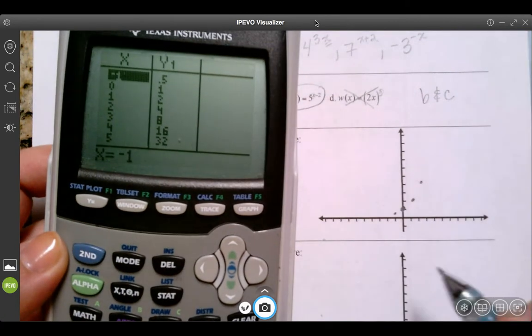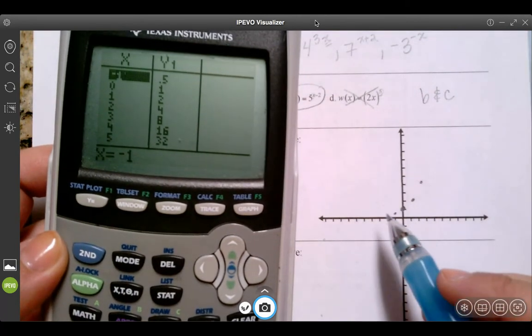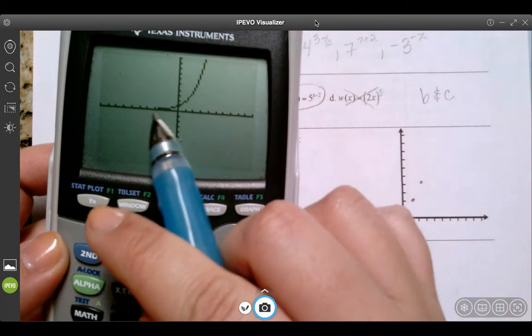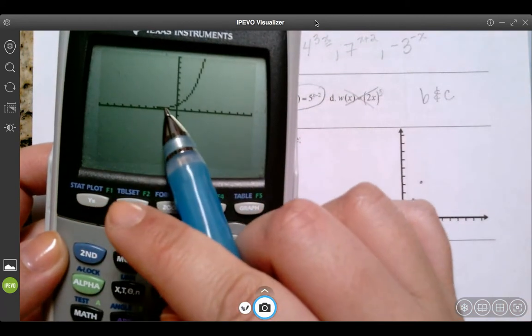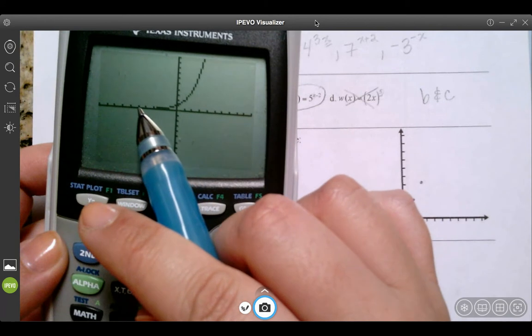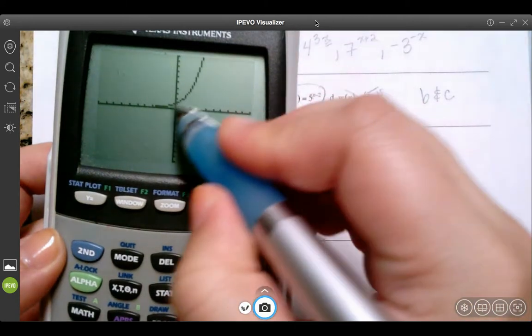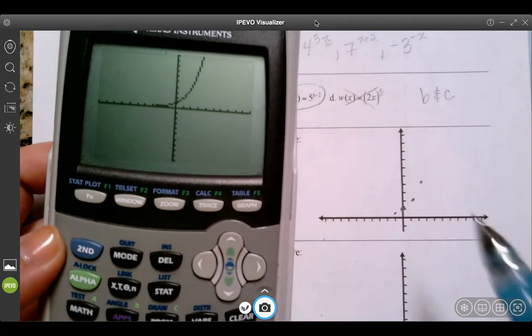Now, what's actually happening is the function doesn't disappear like it appeared to in our graph. Those values get so close to the x-axis that they stop being distinct from the x-axis, so this line blends in with the x-axis.